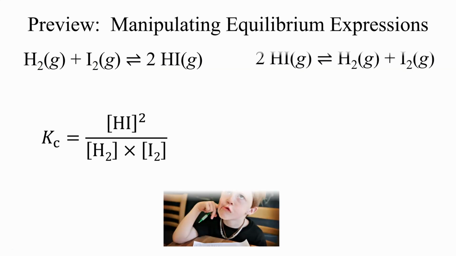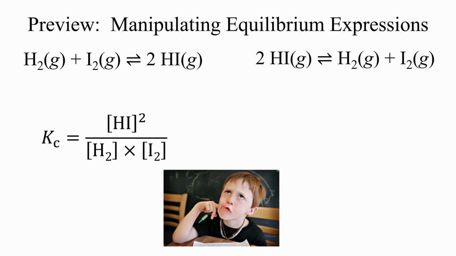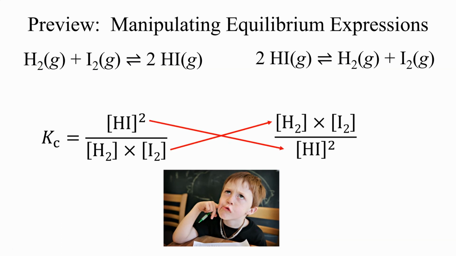Why not write it in the other direction? What's going to happen? What's this new equilibrium quotient? We're just going to flip the products and the reactants from this new point of view. But this is also going to give us a new equilibrium constant, which we will cover in another video.